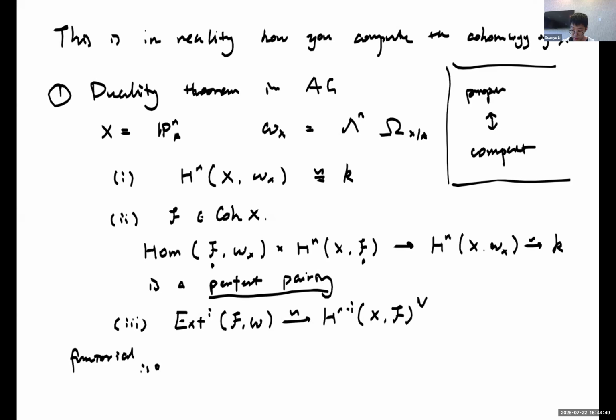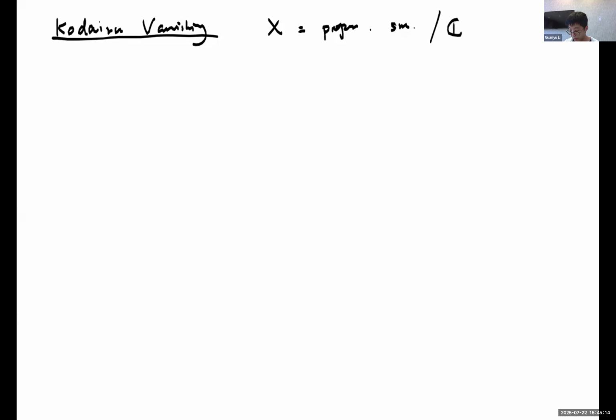Okay, so the next one is the famous Kodaira vanishing, which says if X is proper, smooth over complex numbers, and L is an ample invertible sheaf. Remember that an ample sheaf gives you an embedding inside the projective space.